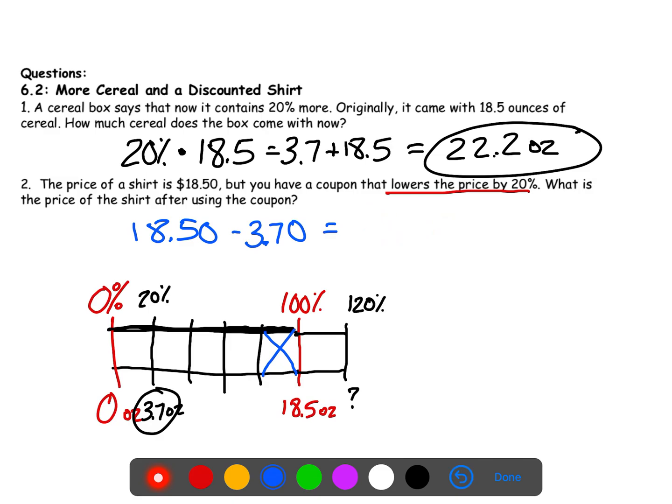That was the example where we added 20%. If we take away 20%, our answer is $14.80. And that would be reducing the price by 20%. Or we could have taken 80%, 0.8 times the cost of the shirt to find that.